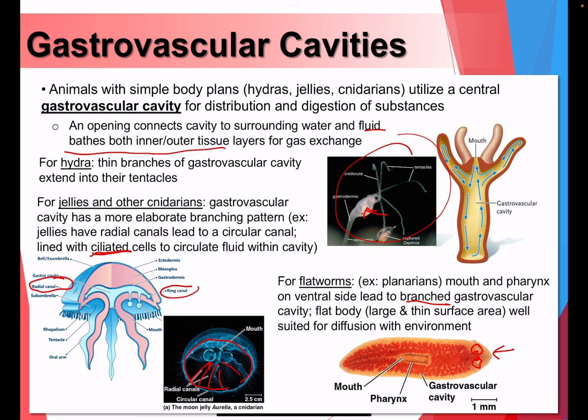Even though we're talking about simple creatures, they still may be two layers of cells thick, but that's still just two cell layers, and direct diffusion can happen across just two cell layers. It might be a little slower compared to just one cell layer, but it's possible, and it can keep the animal alive.